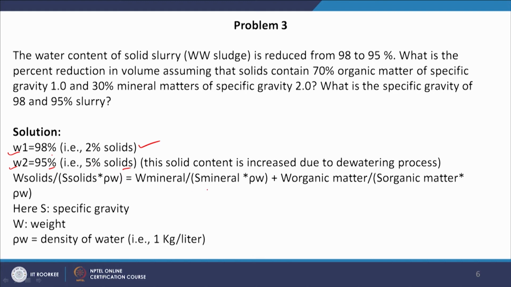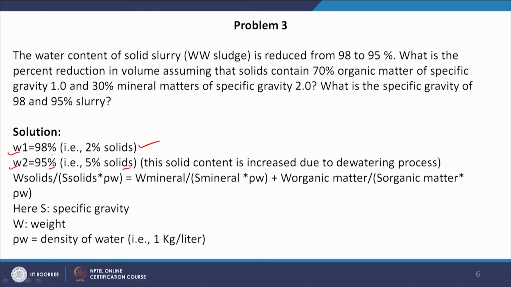So, that is again the volume of the solids of mineral matters, and then W organic matter divided by specific gravity organic matter into rho W. Again this is the volume of the solids due to organic nature.